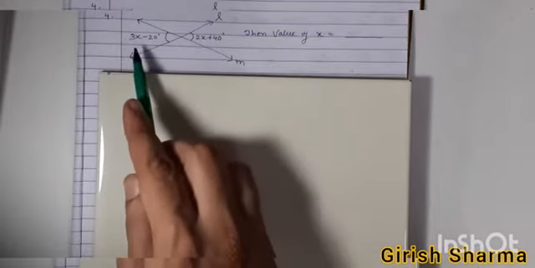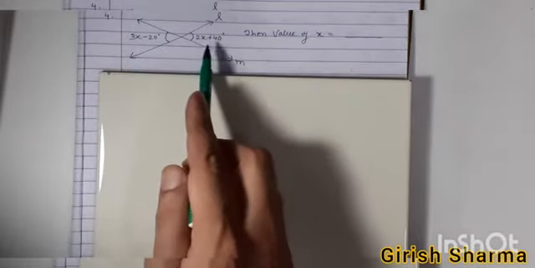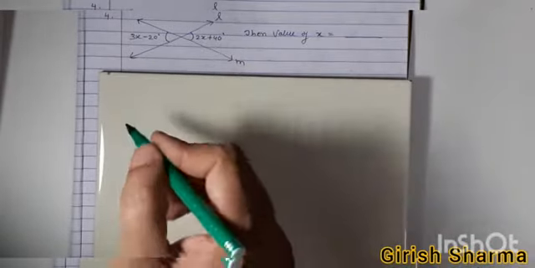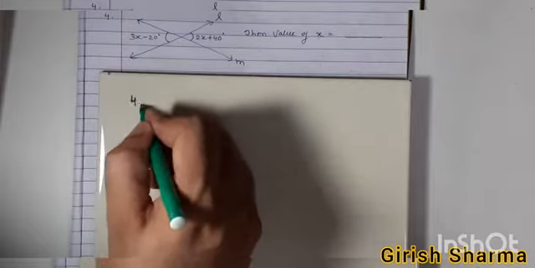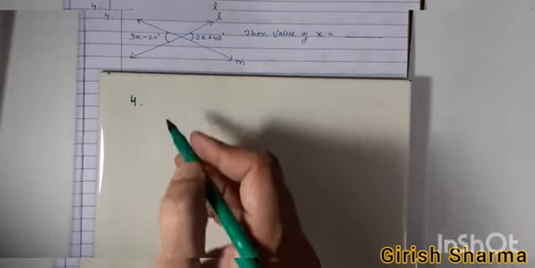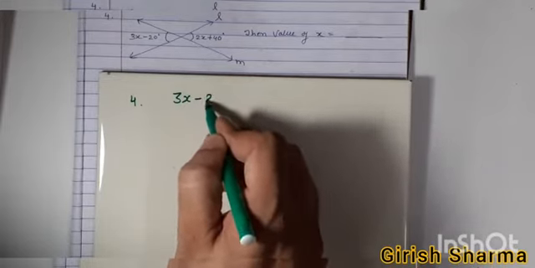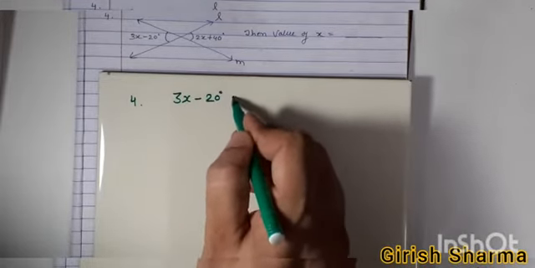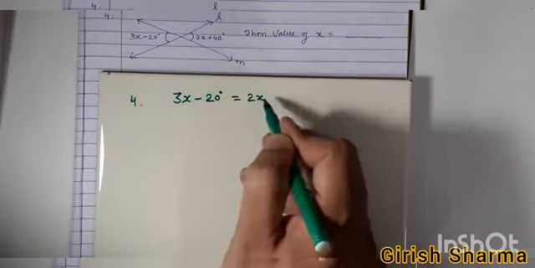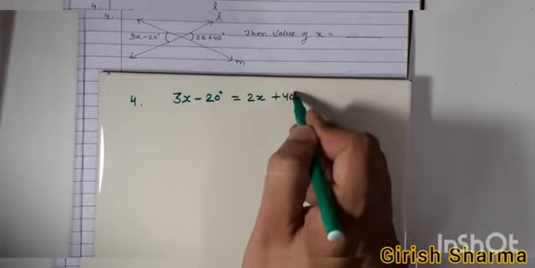Yes, in question number 4, see again, L and M both are two lines which are intersecting each other, and see here these two angles are 3x minus 20 degree and 2x plus 40 degree. These two are vertically opposite angles, and what we know is that vertically opposite angles are equal. So what can we write? 3x minus 20 degree is equal to 2x plus 40 degree.